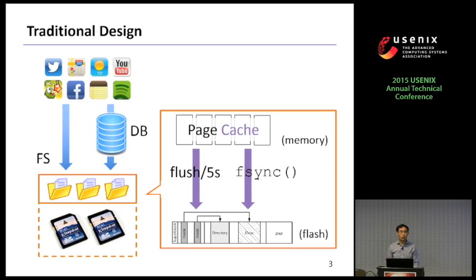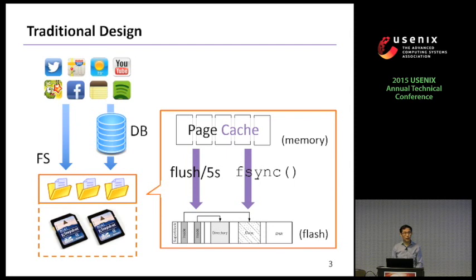When a write arrives, it's typically cached in DRAM, and then there are two ways that it's written back to flash. One is by system-wide flush, typically every 5 seconds on Android Linux, and the other way is by explicit fsync calls.